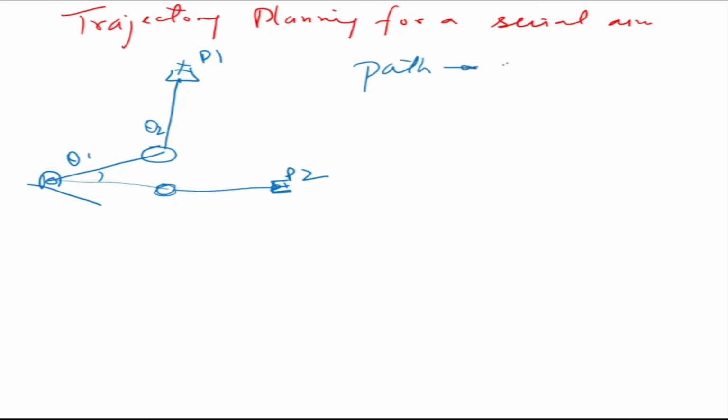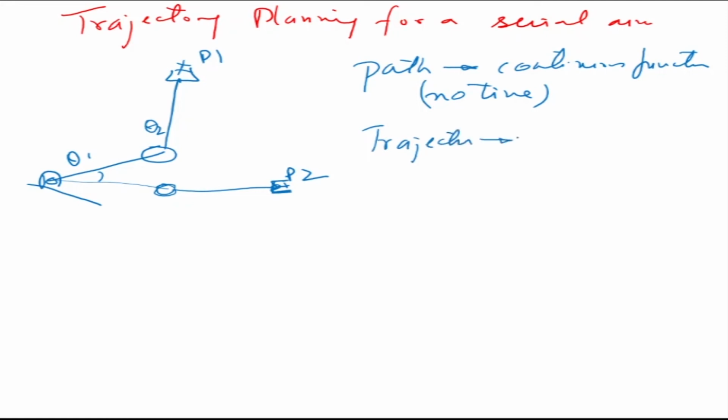So a path is basically a continuous function, and there is no time here. In all the earlier examples I talked about, time was not there at all. But to go in the real world from one point to another point, you have to control the joint angles. This is basically what we call a trajectory.